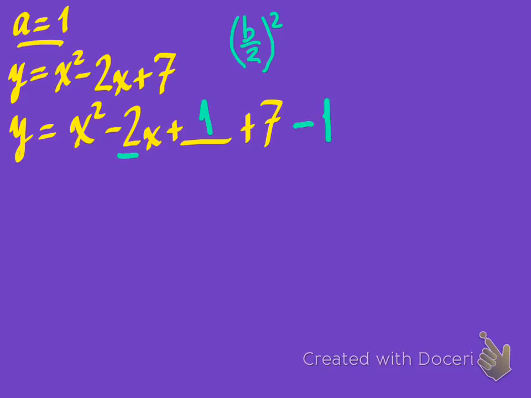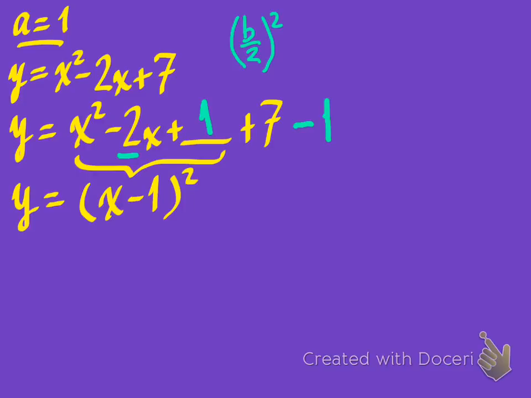Okay? All right, so when I do that, now I'll start to complete the square here, and that part of the equation right there, x squared minus 2x plus 1, will factor down to my perfect square binomial. That's what's nice about adding 1. So I have (x minus 1) squared, and we've tried this a few times in class, so I hope that's okay. I can just write x minus 1.